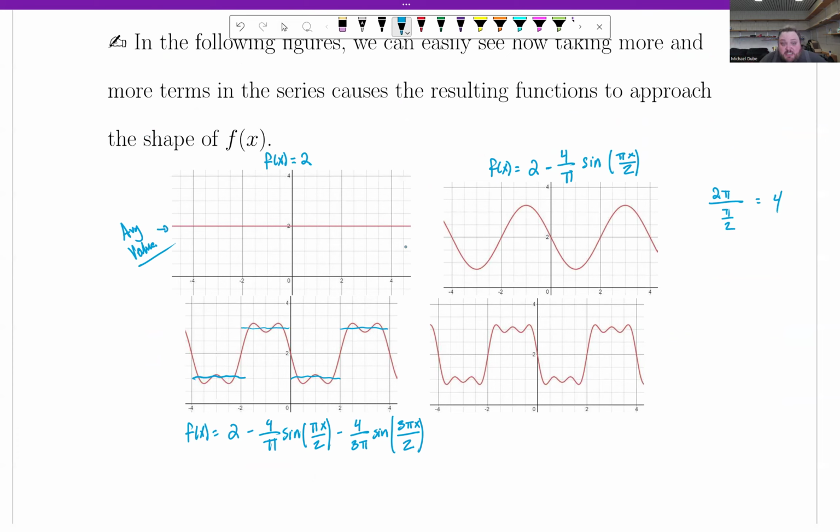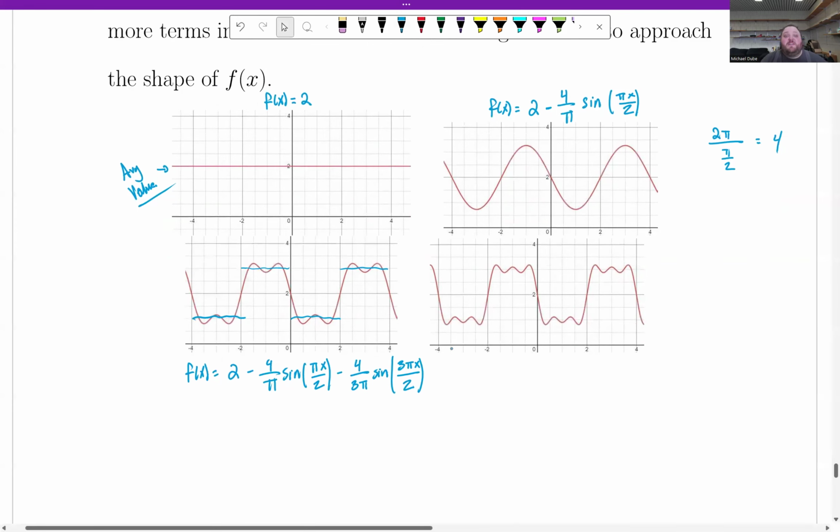But you also notice the curves that we're seeing are within the previous curves. So the periods of these terms are decreasing. Each term is changing it. The period of this overall function is still 4, but the period of this term is not.